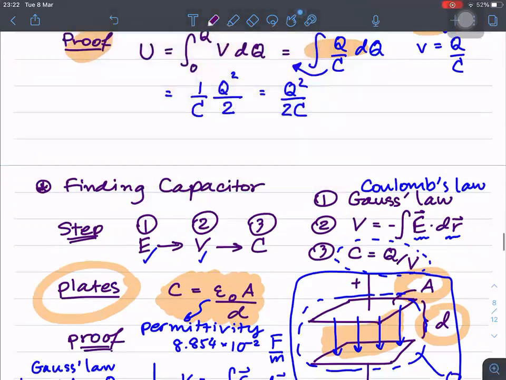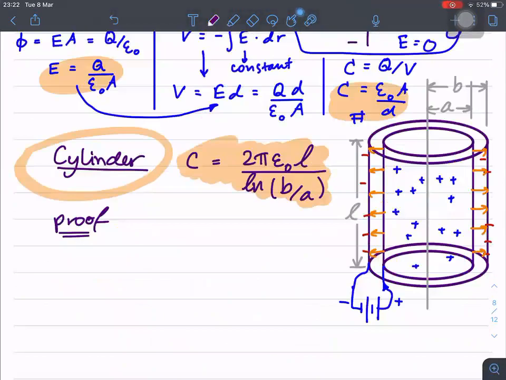Okay, so I will start with Gauss's law again. So using Gauss's law to find this electric field, I'm going to use the magnitude of the electric field times the area of the cylinder.